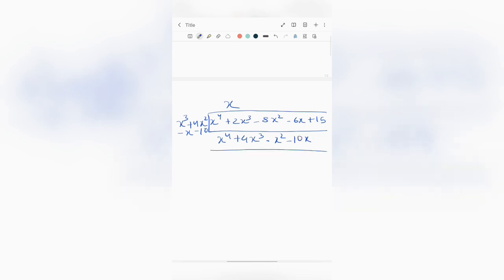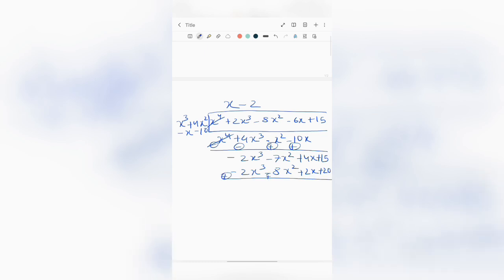Subtracting, we get minus 2x cube minus 7x square plus 4x plus 15. Now we divide this by minus 2, so we get minus 2x cube minus 8x square plus 2x plus 20.